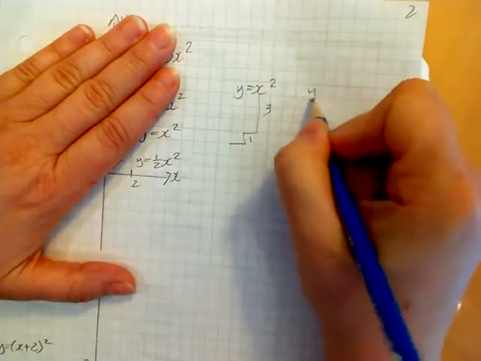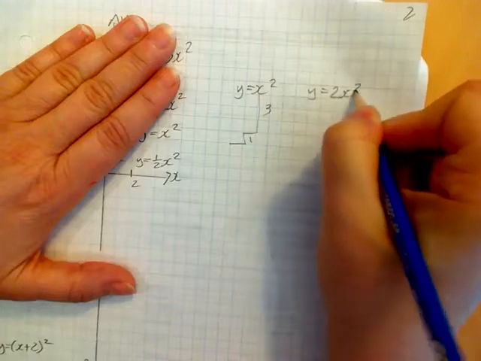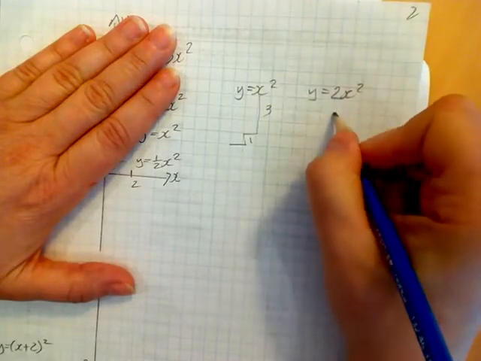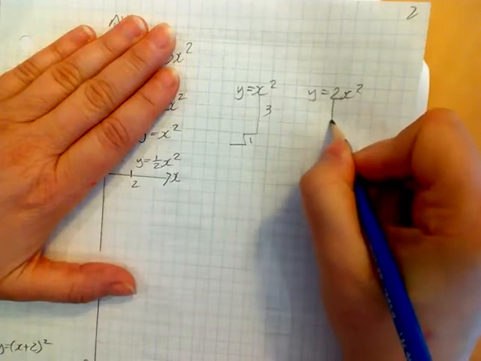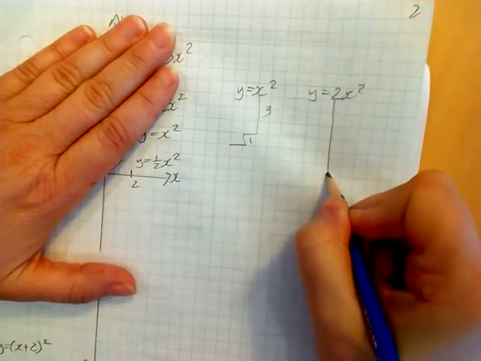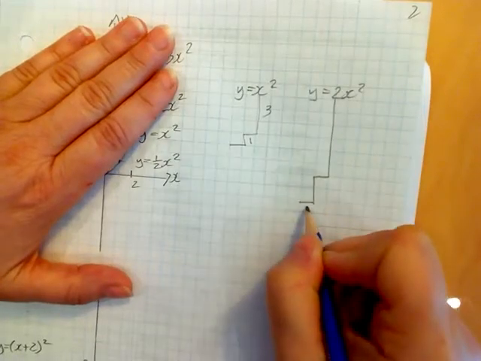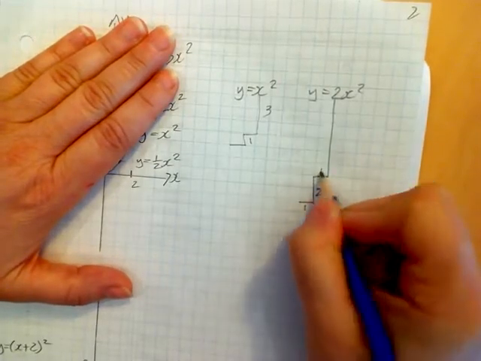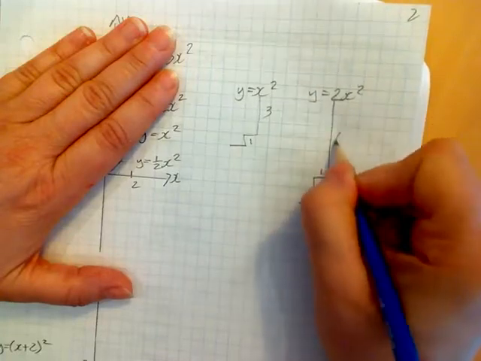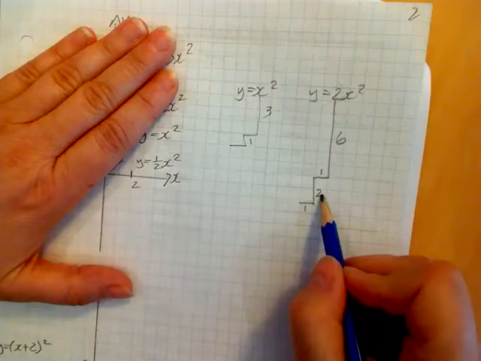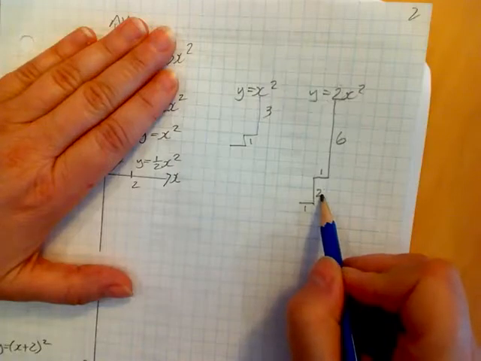And for y equals 2x squared from the vertex, we're going to go over 1, up 2, and then over 1, up 6, because we're doubling these ups, because we're making it twice as steep.